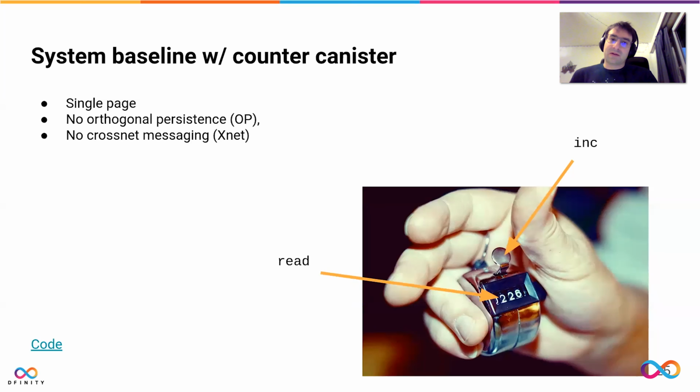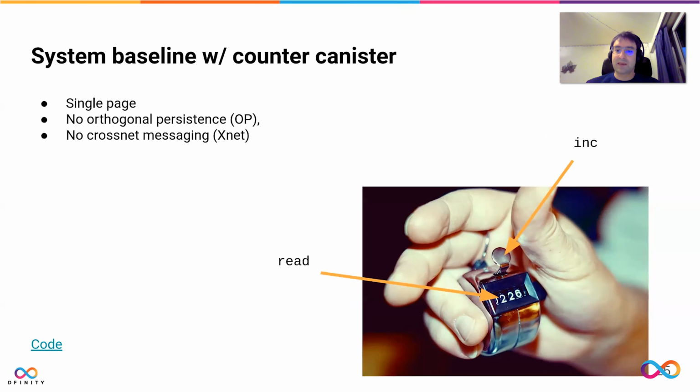One workload that we have that is extremely useful, although it might not seem like it, is the counter canister. That's a canister that stores a single value, and that value can be read with a query call, and it can be incremented with an update call. The canister is extremely simple, which makes it almost like a no-op canister. It almost does nothing.